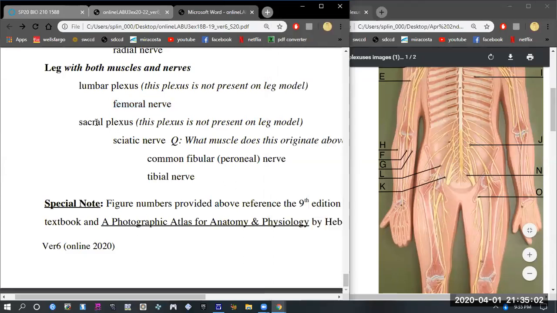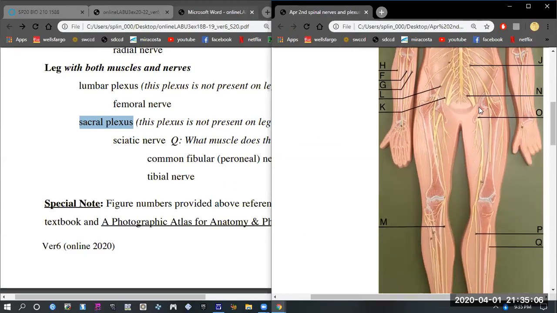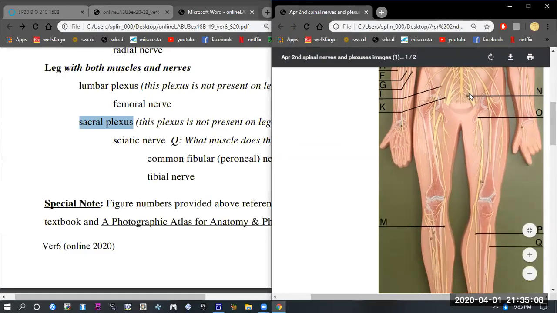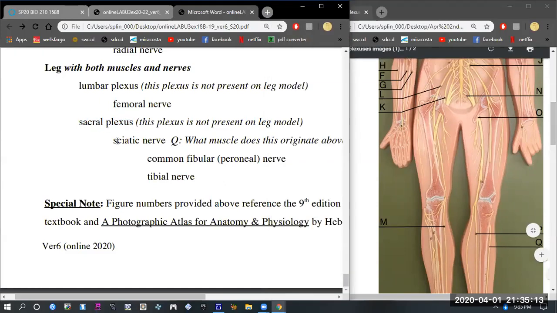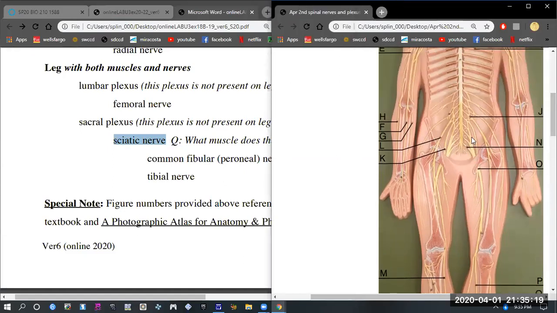So now the sacral plexus, we're looking in the area of the sacral vertebrae. So right here with this letter N. And the sacral plexus, we're going to start here with the sciatic nerve. So the sciatic nerve coming off of the sacral plexus right here, this letter O, the labeling.